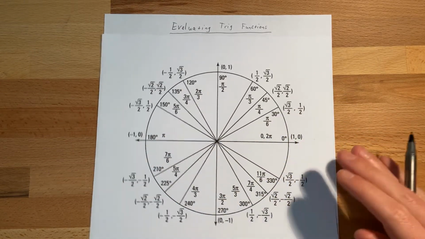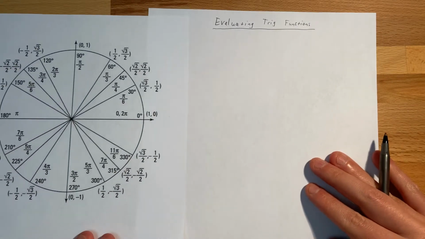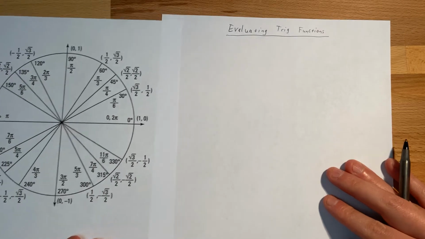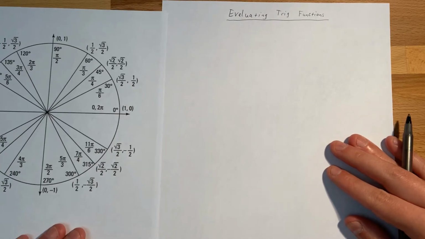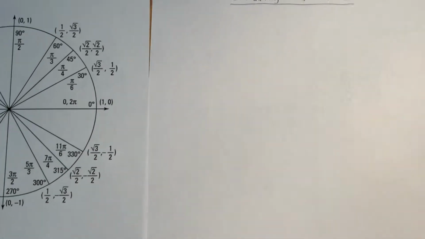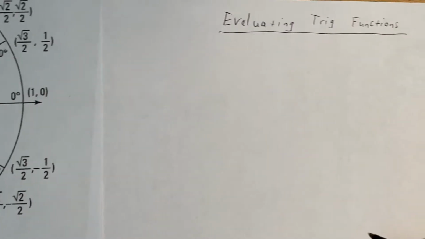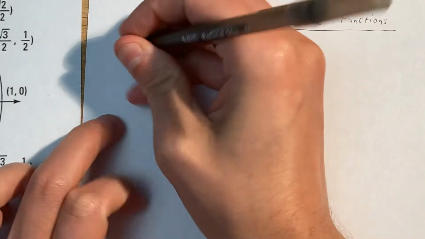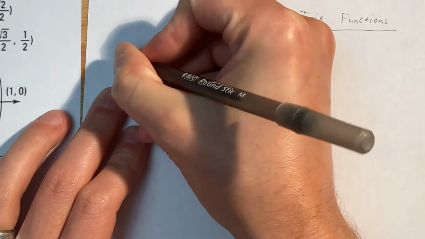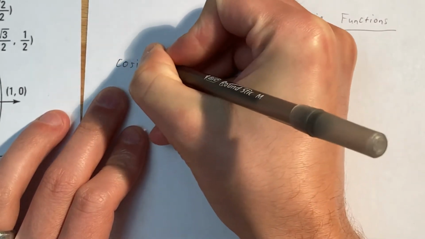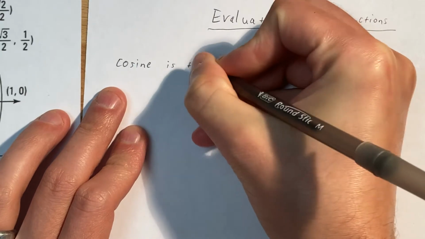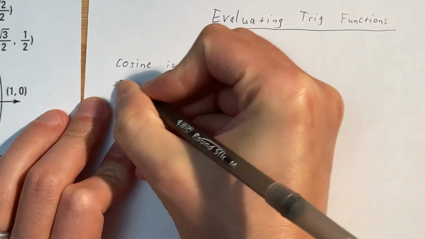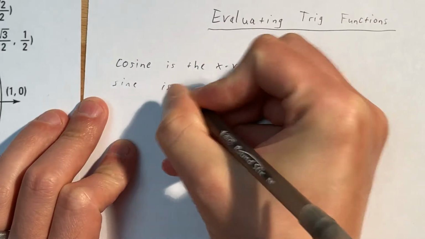So to start off, I like talking a bit about why all of the stuff I'm about to say is true. If you don't care about why, then you can just go ahead and write in your notes right now that cosine is the x value and sine is the y value.